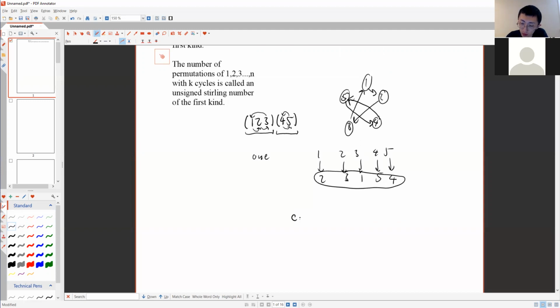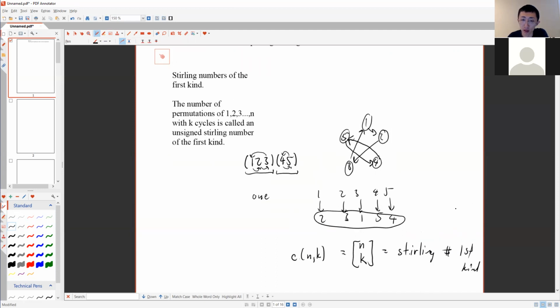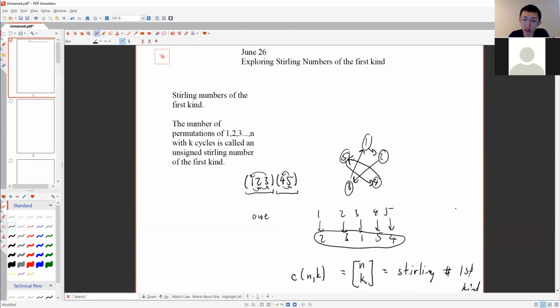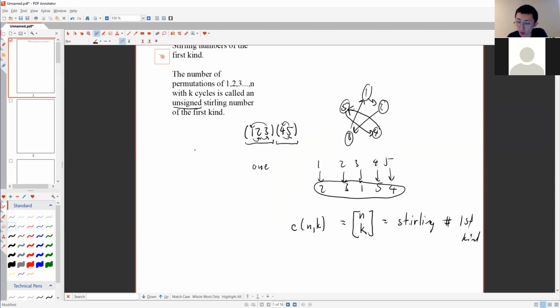So I'll use this notation to mean you have n numbers and there are k cycles. Another way to write it is with brackets. So this is a Stirling number of the first kind. And the reason I write unsigned is sometimes it's better to put a positive or negative sign in front of the number, but we won't talk about that today.